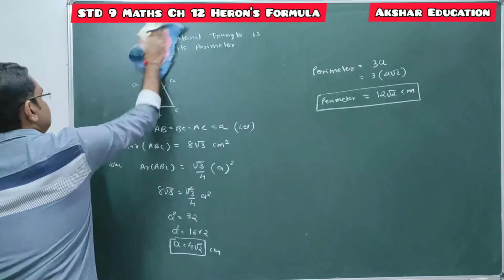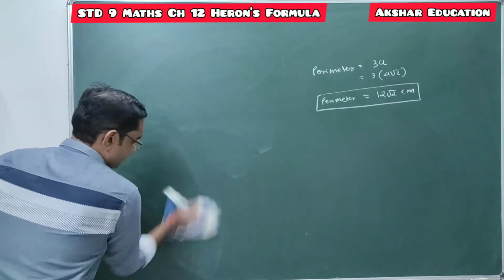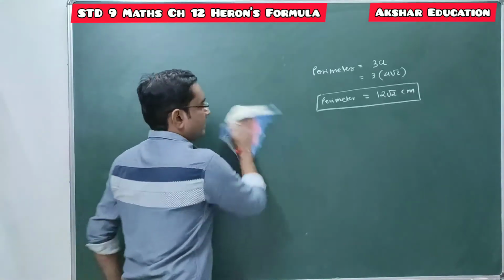Next question. In question number 2, we are given one right angle triangle.